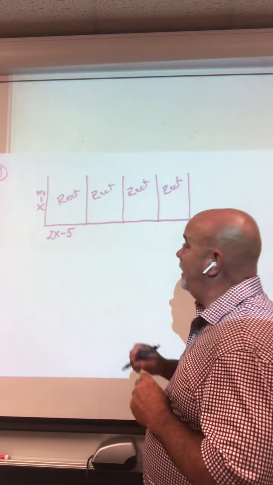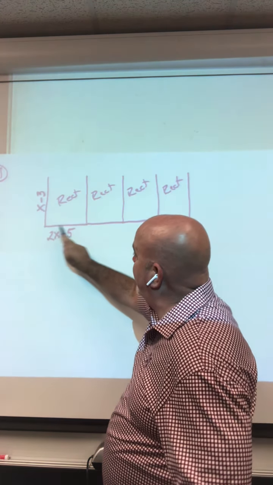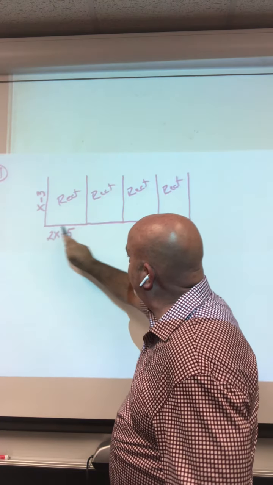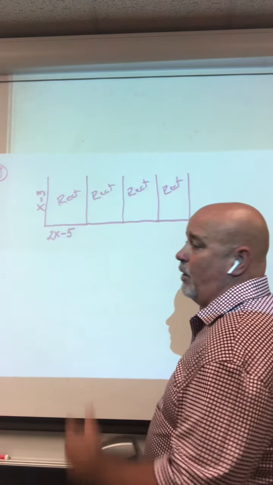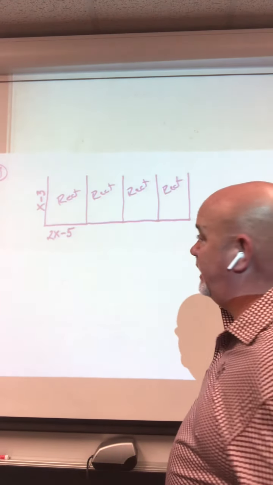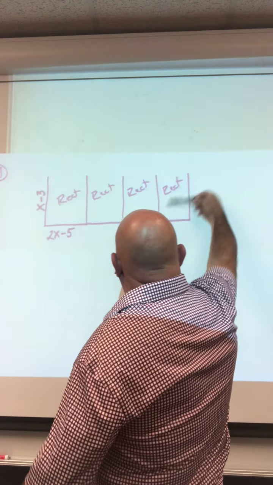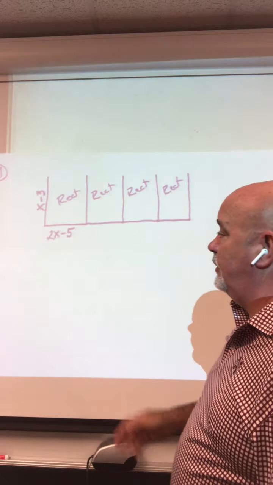We're assuming that all of these are rectangles, and we're assuming that every one of these are equal in distance. So however long this is, this one is the same, this one is the same, this one is the same. I know it may not look it, but that's what we're assuming here. We're also assuming that these are all the same length as this one. Okay, you can pause it and draw your diagram.